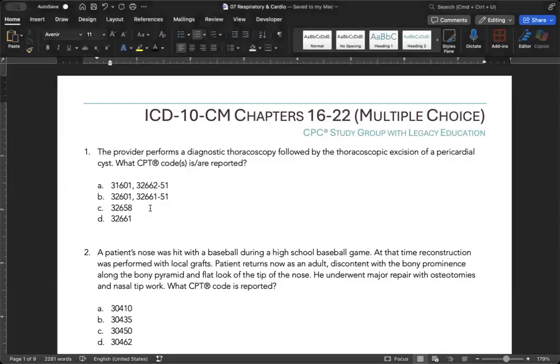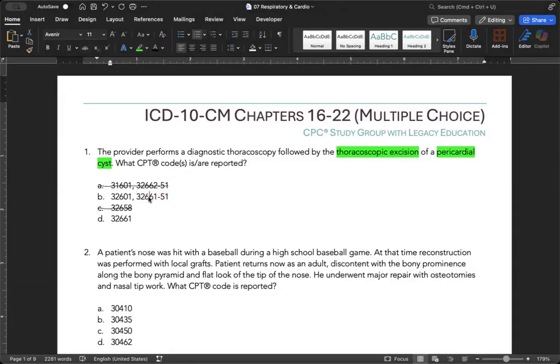So we know we need the 32661 because we did a pericardial cyst, the excision of that cyst, right? So 32662 is out because it's not mediastinal. And then we can rule that out, the 32658, because we know we need the 32661.